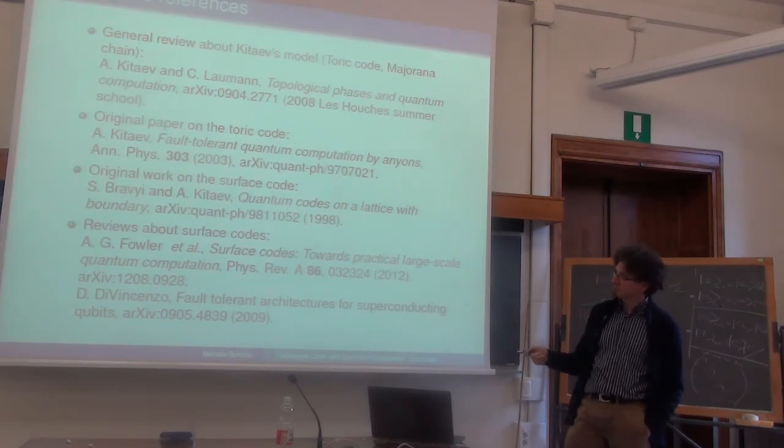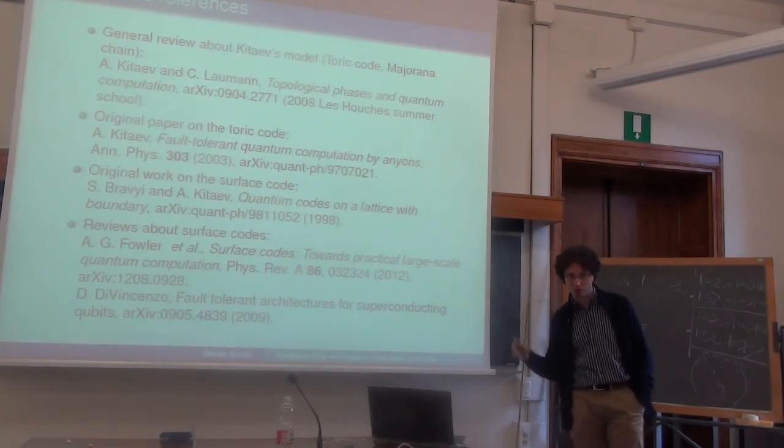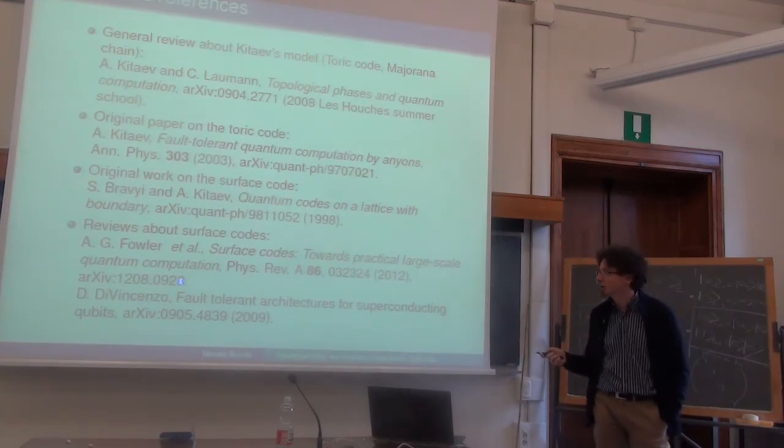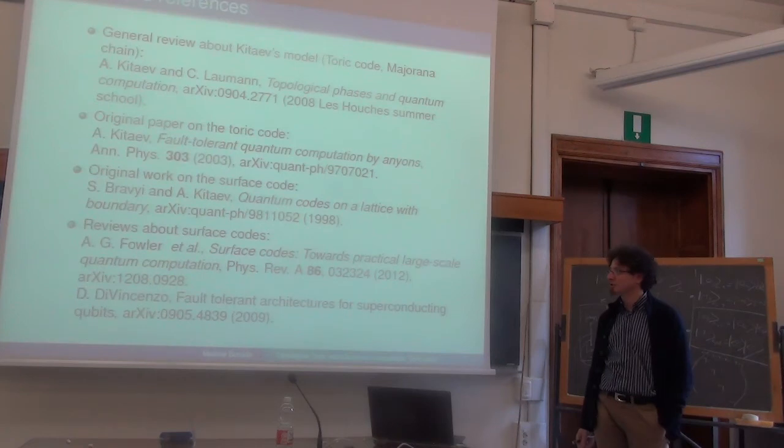Instead, if you are interested in the toric code as a surface code, so the quantum error correction scheme, there is a recent review by Fowler which contains everything you could imagine about surface codes. It's very extensive and detailed. Otherwise, there is a more introductory reference by Vincenzo, which speaks about the possibility of implementing surface codes in superconducting structures.